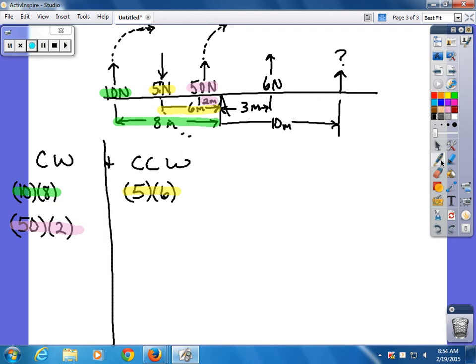All right, which way are these going? Counterclockwise. So that's going to be 6 times 3. And this is going to be 10 times x.